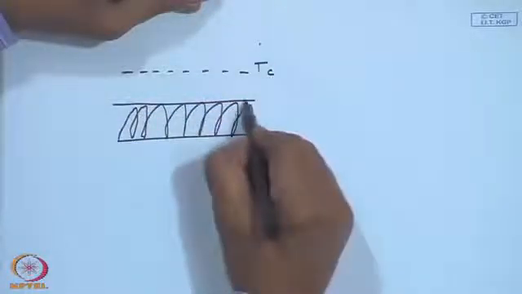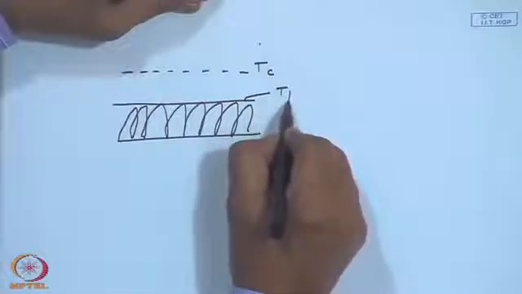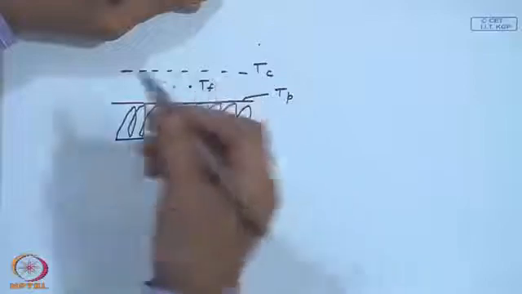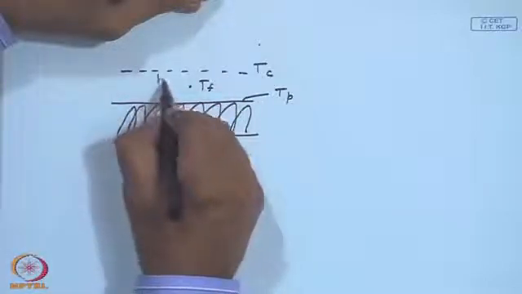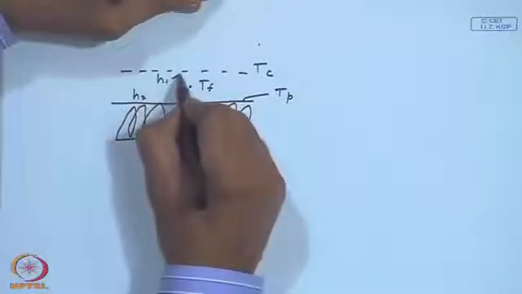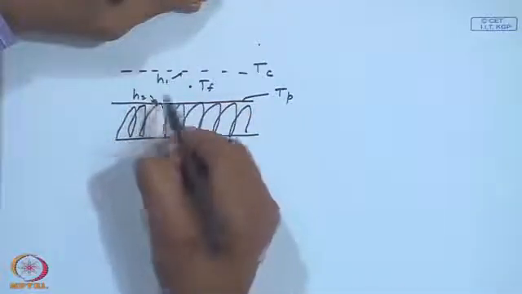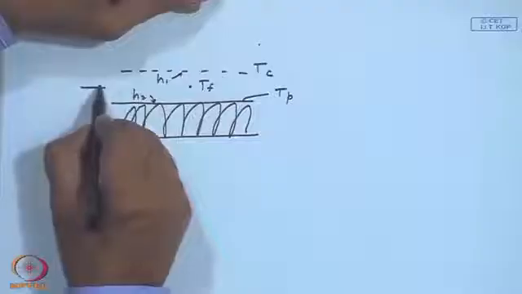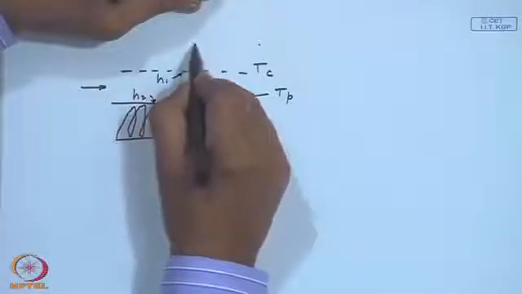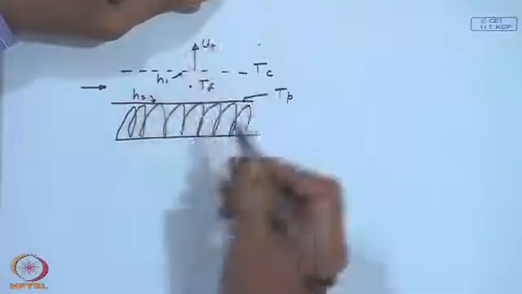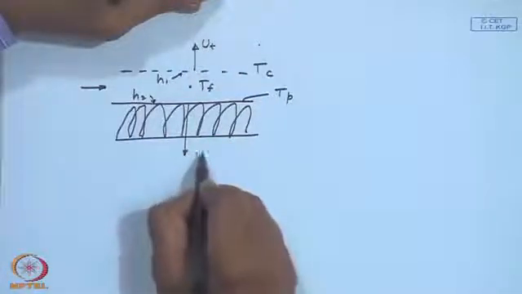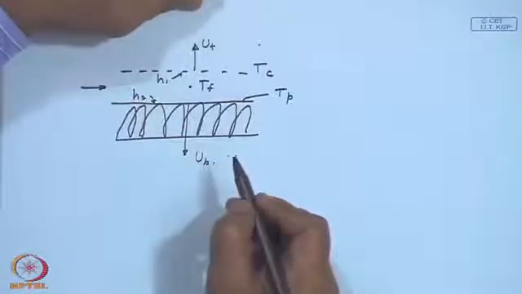The fluid is at T f with H 1 and H 2 as heat transfer coefficients. Flow is something like this, and this is U t, and you have got a U b, and this is my absorbing plate.